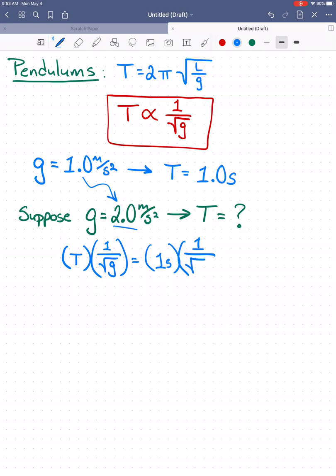So over the square root of 2. So 1 second times 1 over the square root of 2. I plug that in my calculator, and I get 0.7 seconds. So my gravity got bigger, and my period went down, which is what we said earlier, so that's good.